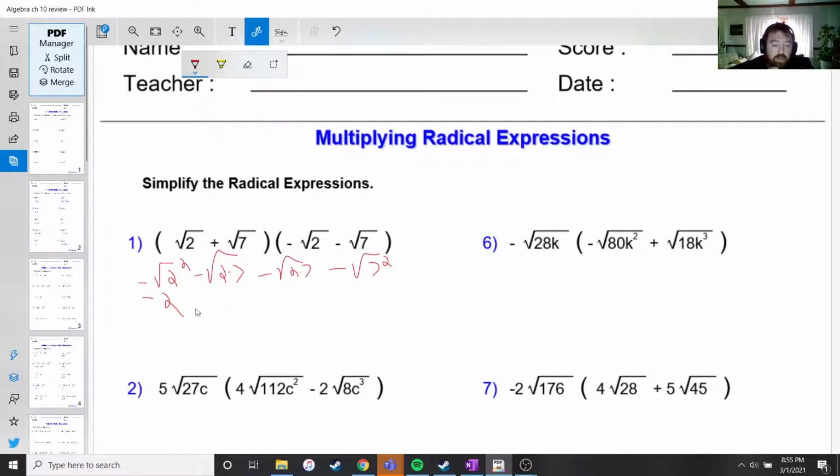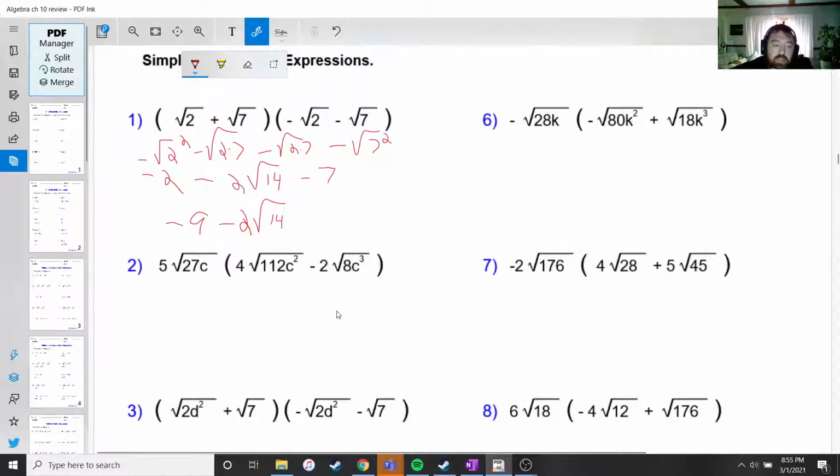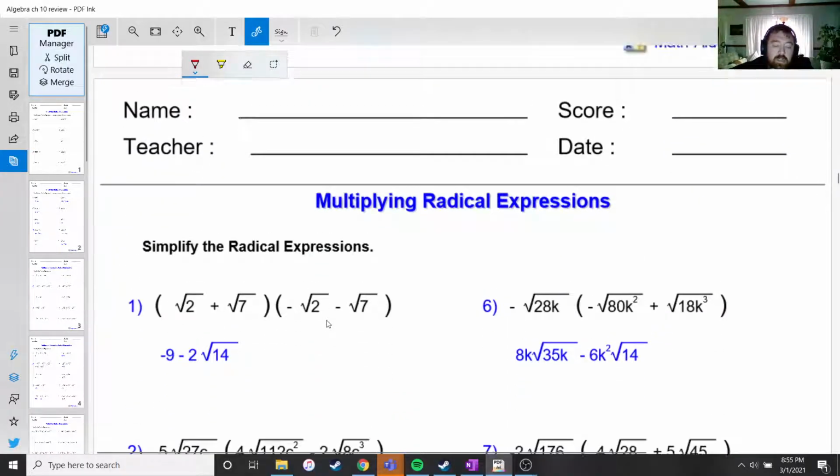So then we're left with negative 2 minus 2 radical 14 minus just 7. Right, because 7 squared will give us 49. Square root of 49 is 7. So negative 9 minus 2 radical 14. Alright.